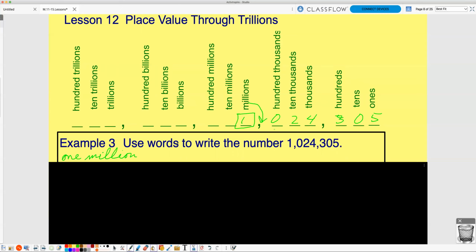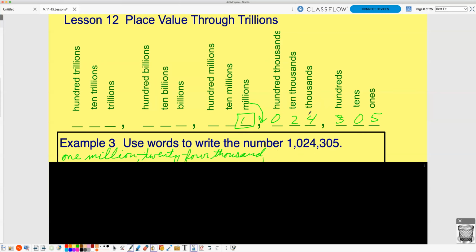The next part is 24,000. And my writing skills have dwindled over the weekend. 24 with a hyphen, and this is thousand. And then I'm going to put a comma after that and a comma after that, just like I see.